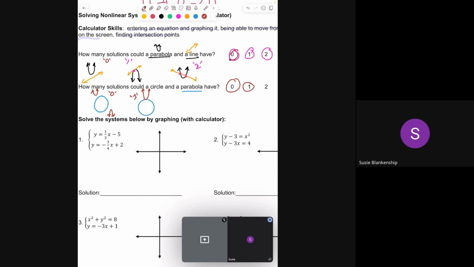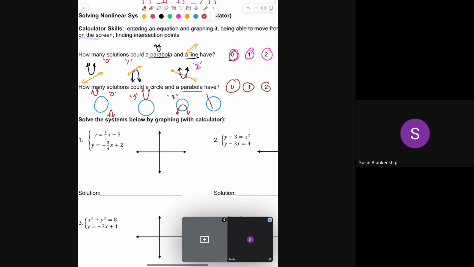Can we show two solutions? Here's my circle. So I only want to touch at two spots. So maybe the graph is going to look like this. 1, 2. So now I can have 2. Can we draw 3 solutions? So here, if I have 3 solutions, I'm going to have it come through.